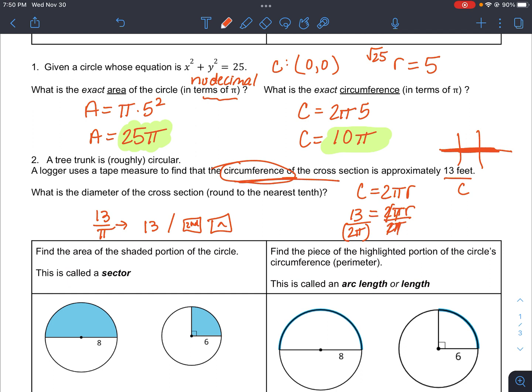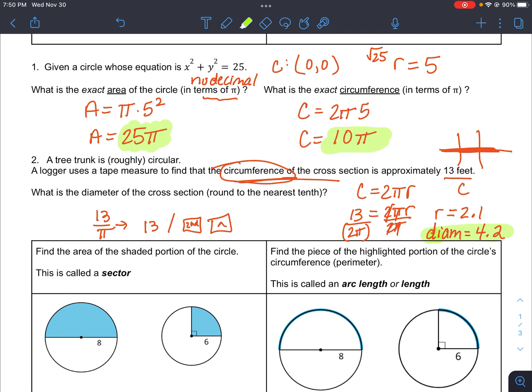Make sure you're using that, not 3.14. Let's see. So to the nearest tenth, our radius comes out to be 2.1, and if you're already ahead of me, fantastic. The diameter is about 4.2, approximately.